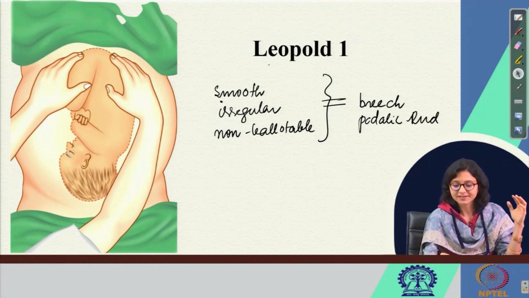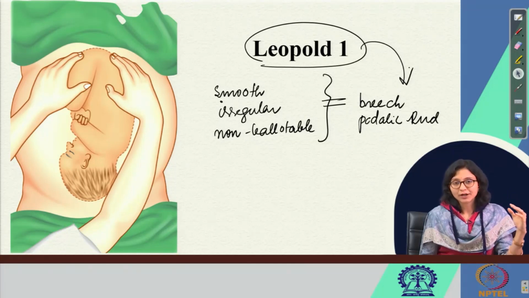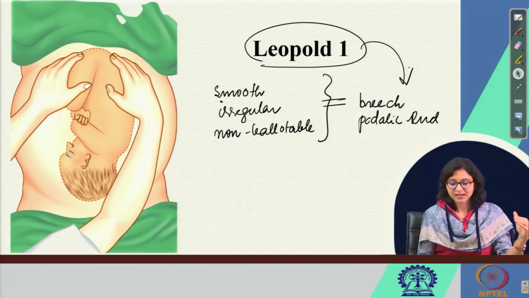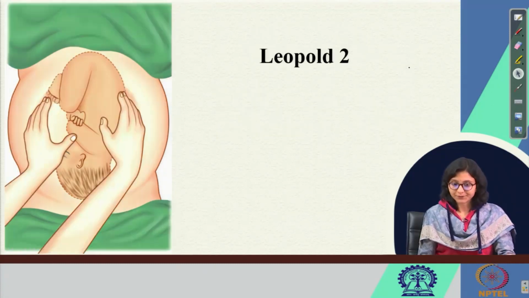This is the inference from Leopold I. So, from Leopold I we get an idea regarding which part of the fetus is present at the uterine fundus, also called the fundal grip. So, this is Leopold I.